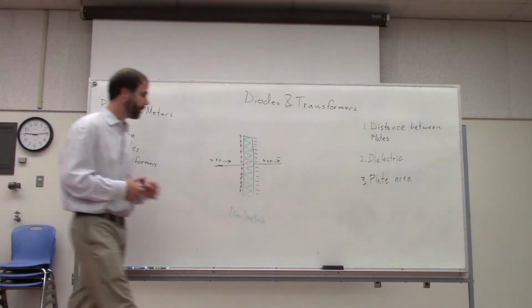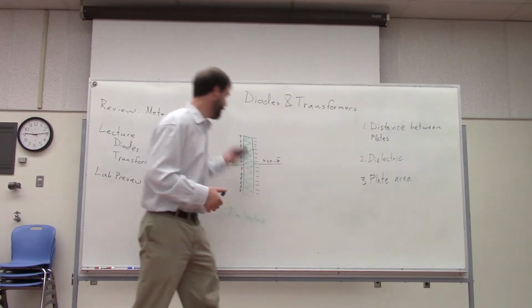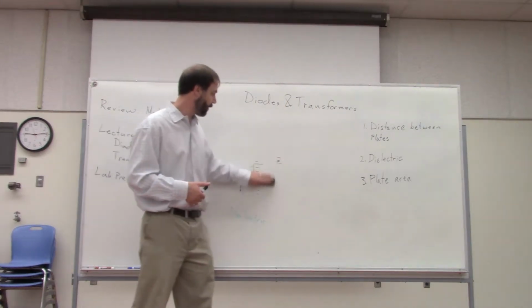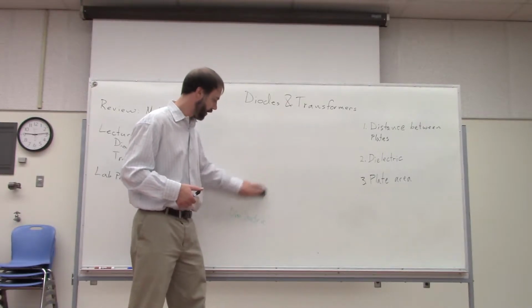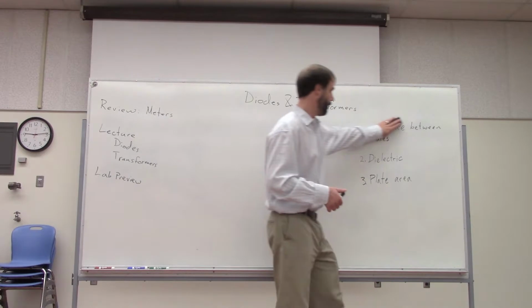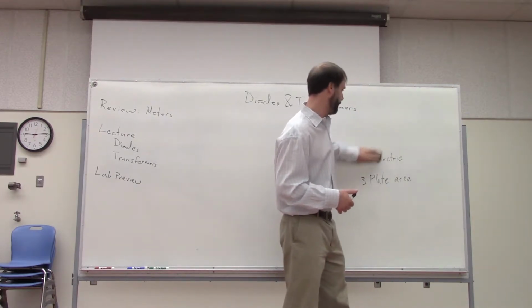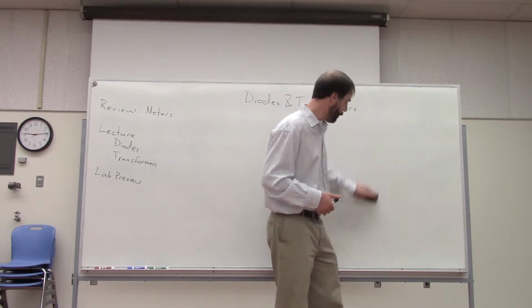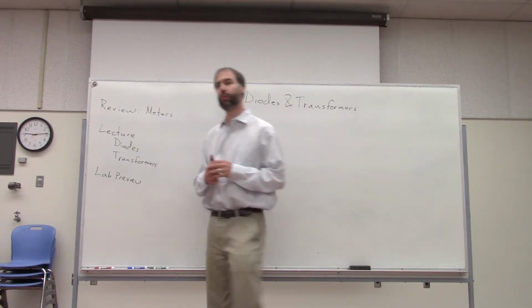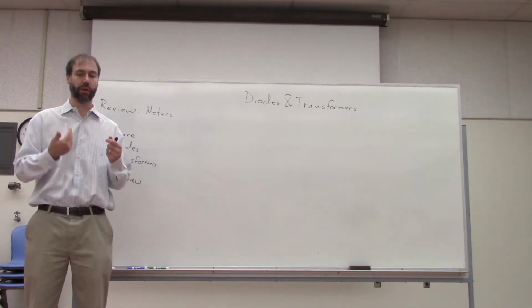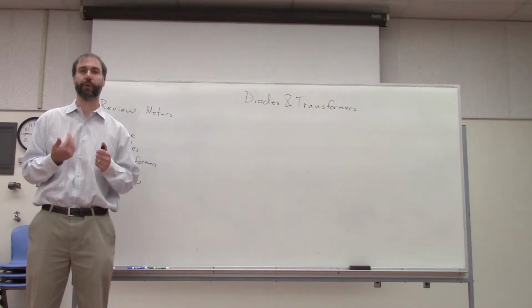Okay, and then the last thing that we measured with our meters last time was high current. So there's not a lot of theory behind high current, right? It's just regular current, it's just a little bit more of it. But we said that when we wanted to measure high current, we had to move the red lead into the farthest left-hand hole in our meter, right?